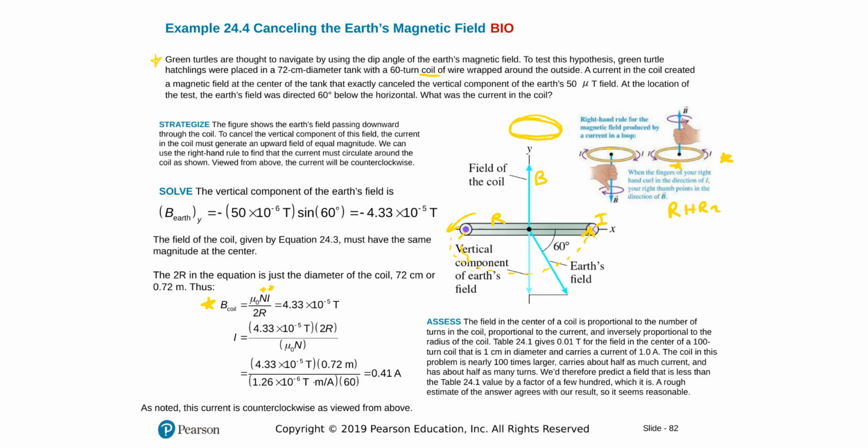Imagine that right away. This is your coil. It has n number of turns, which is 60. And I am given the diameter of this to be, diameter is actually 2r, so you can replace 2r by that, 72 centimeters.